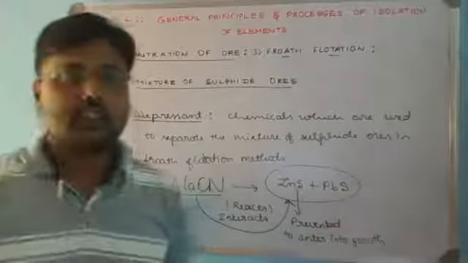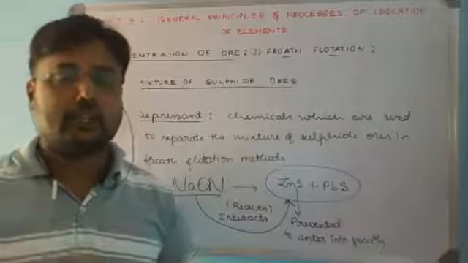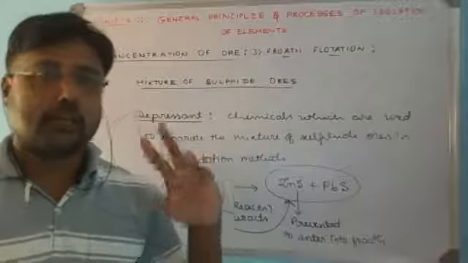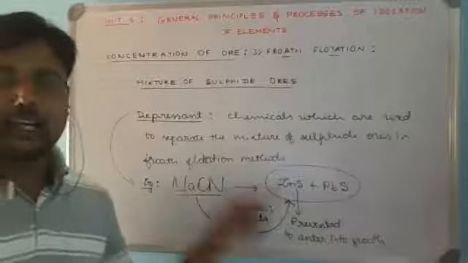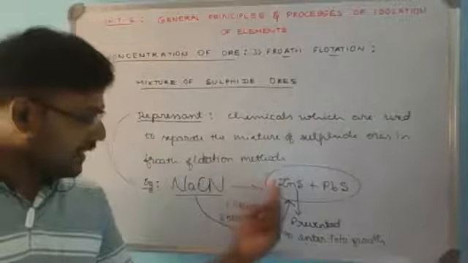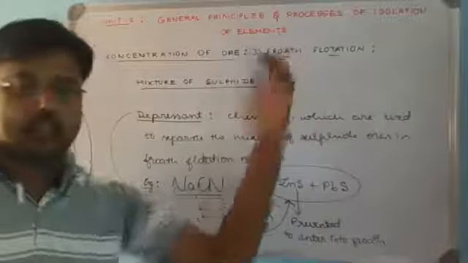Why is it prevented? Without addition of depressant, it is coated with oil particles and will be carried to the froth. But as the depressant is added, it chemically reacts with zinc sulfide. As it reacts, it cannot enter into the froth.